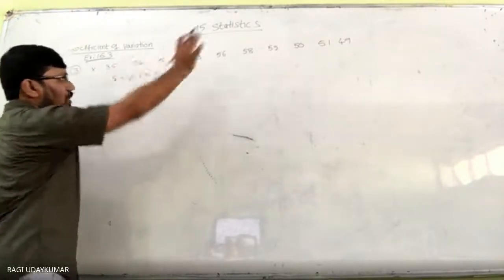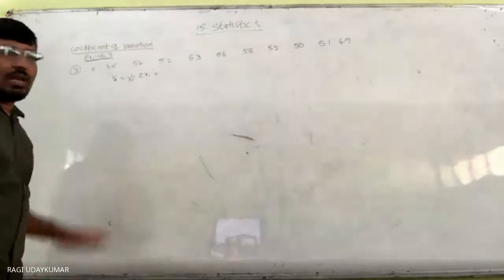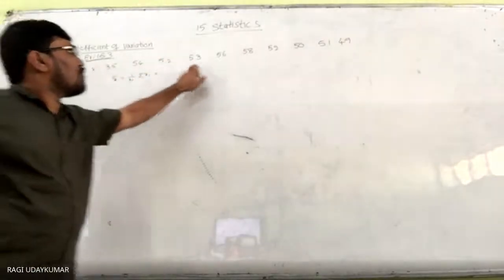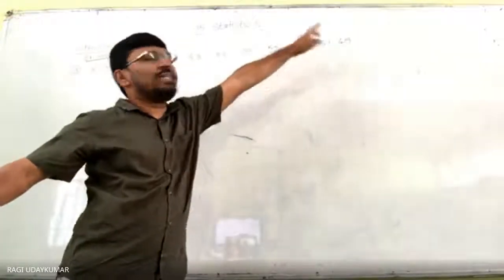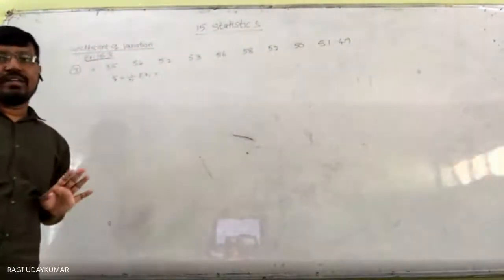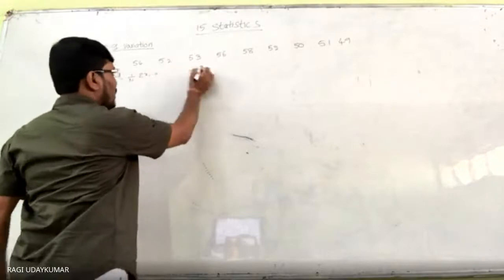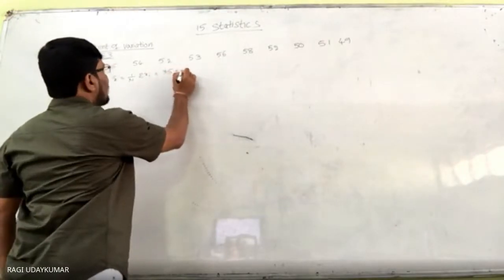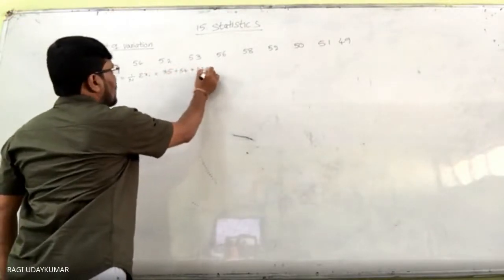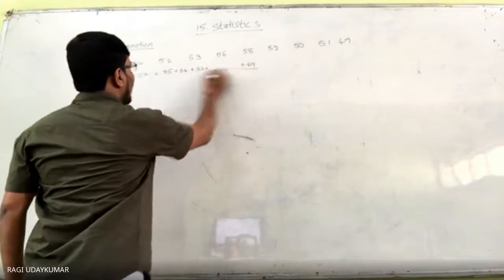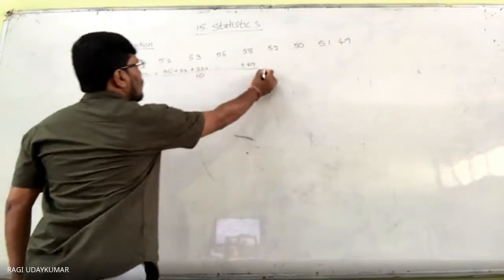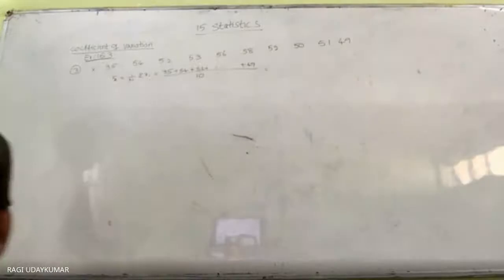The number of observations is 10, so divide by 10. Find the sum, 35 plus 54 plus 52 and so on, till the last 49, divided by n, which is 10. That part I am leaving to you. Whatever you get, consider that as the mean.